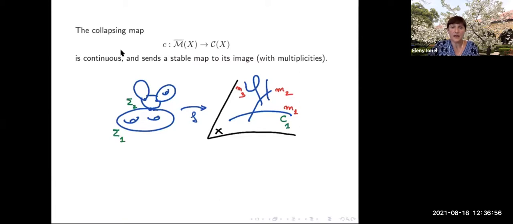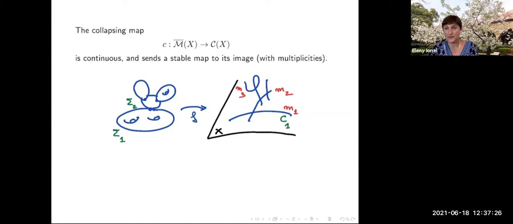We have such a collapsing map that takes a stable map, here's a picture of a map with a bunch of components, maybe a nodal domain, and it takes it to its image, but with multiplicities. So if, for example, on this component sigma 1 this is a 3 to 1 cover, then this multiplicity M1 would be 3. So it takes a stable map to its image, but with multiplicities.